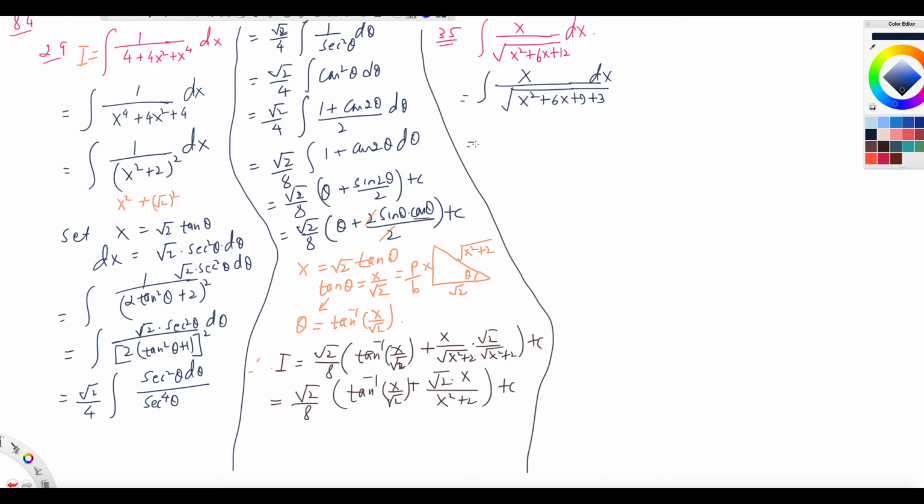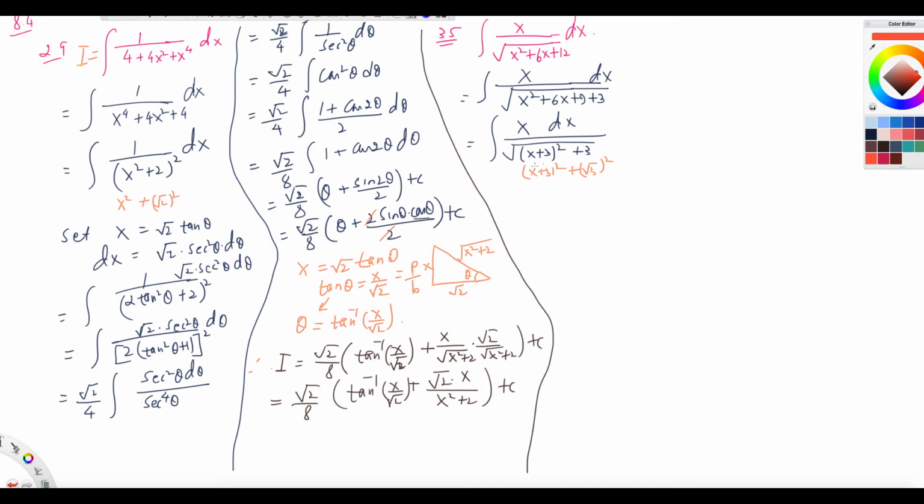So this is equal to integral x dx over under the root, you can write x plus 3 square plus 3. It is like x square plus a square here, right? You see that? But in place of x square, there is x plus 3 square. So this can be written as x plus 3 square plus root 3 square, right?